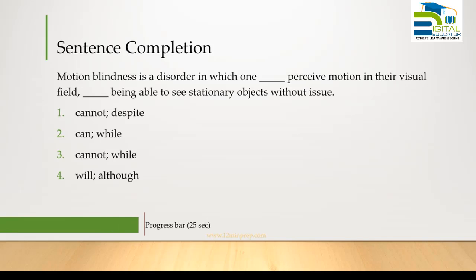The correct answer is 1. In these questions, it is best to plug in the first pair of words from the answer options as you read the sentence for the first time, and then continue from there.